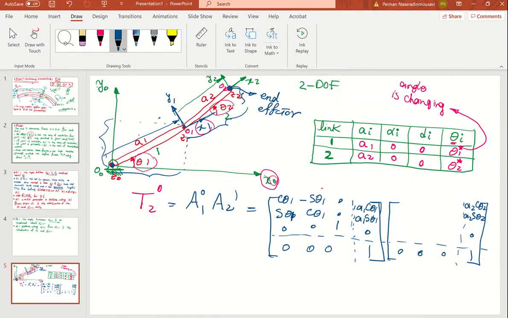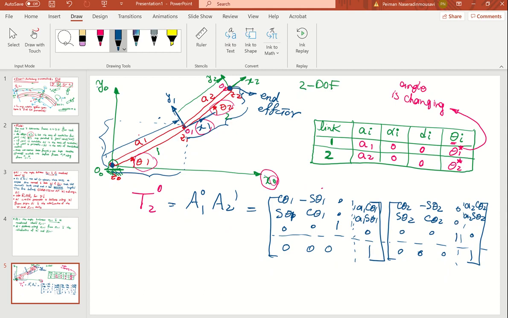And now the axes, like the previous case, are cosine theta 2, sine theta 2, and 0, minus sine theta 2. I'm skipping this because I taught you several times, and because these are parallel.